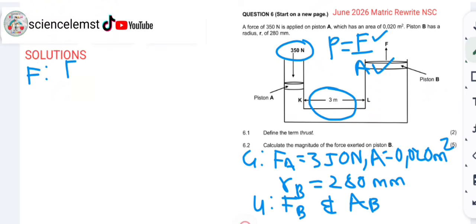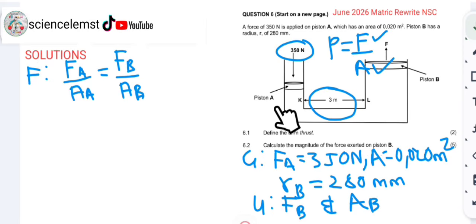So it is going to be force of A over area of A is equal to force of B over area of B. Note, my labeling is given as piston A and piston B. That is why here I have force of A over area of A. If it was given as piston 1 and piston 2, I would have written force of 1 and area of 1, force of 2 and area of 2. So pay attention to how the labeling is given on your sketch.